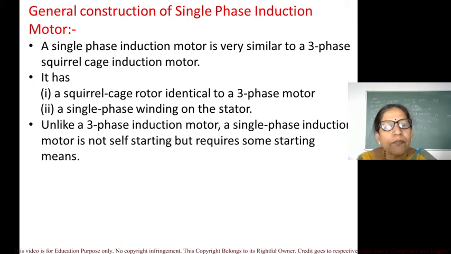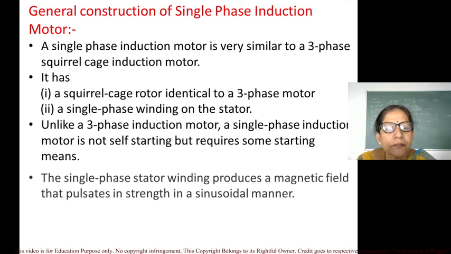The main difference between the two is that, unlike a three-phase induction motor, a single-phase induction motor is not self-starting, but requires some starting means. So that is the main difference between the three-phase induction motor and the single-phase induction motor. The single-phase induction motor is not self-starting, and we have to make provision for some starting means.